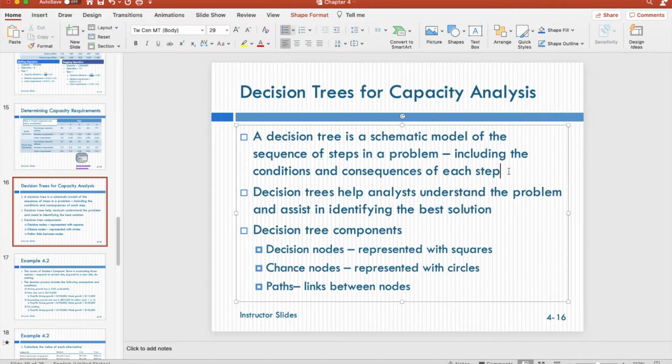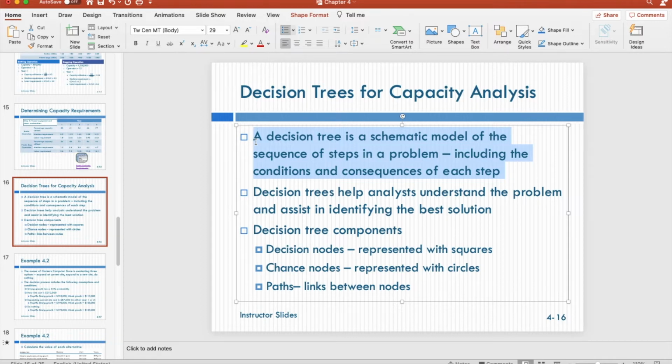So let's say you are facing a problem, and for this problem you have some steps in sequence, and you know some conditions on each step. A decision tree would be a very good technique that can help you figure out what those sequences are and what is the best decision we can make among all the different alternatives.